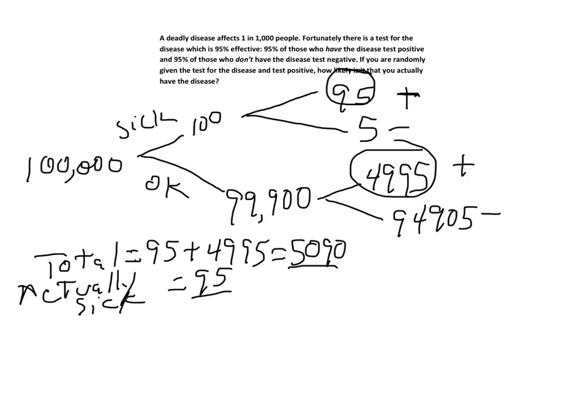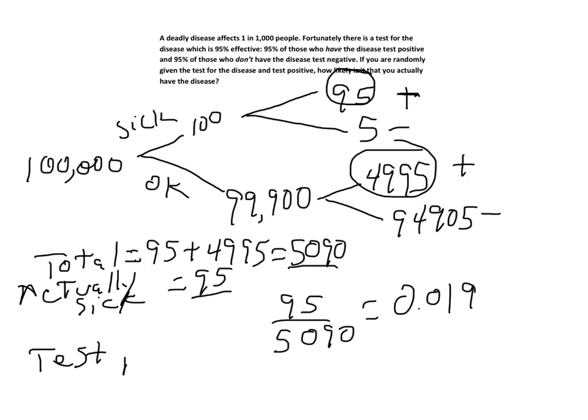So if you test positive, what percentage of the people who test positive actually have the disease? 95 out of 5,090, which is about 0.019, or less than 2%. Test positive, less than 2% are sick.